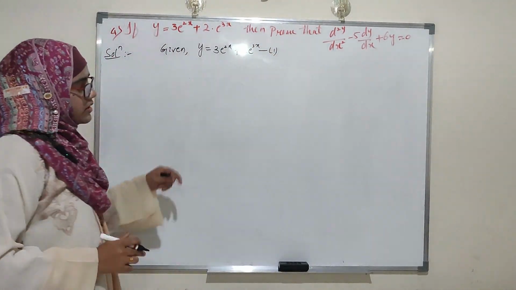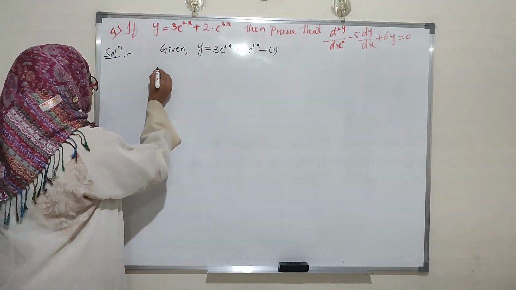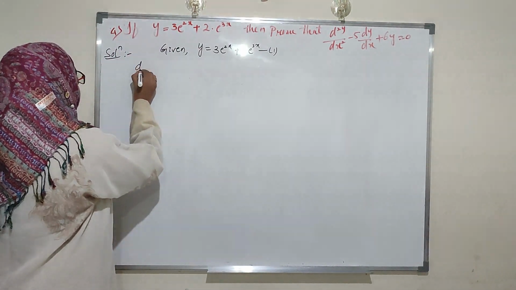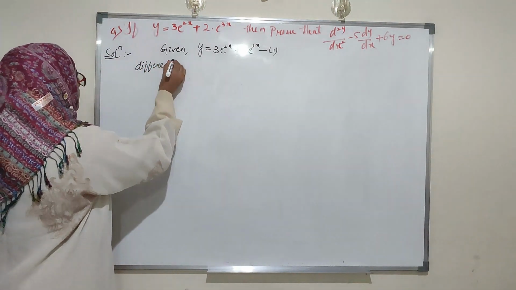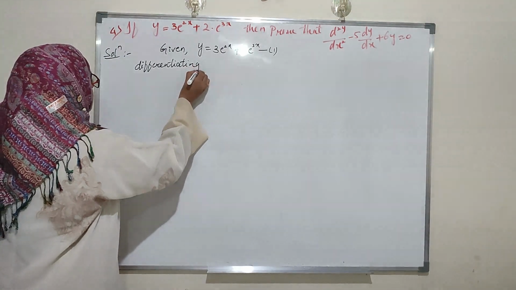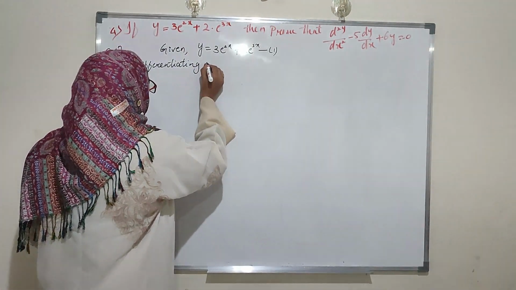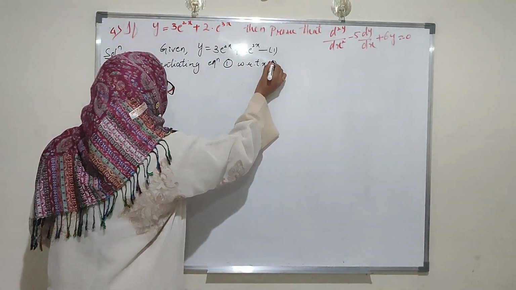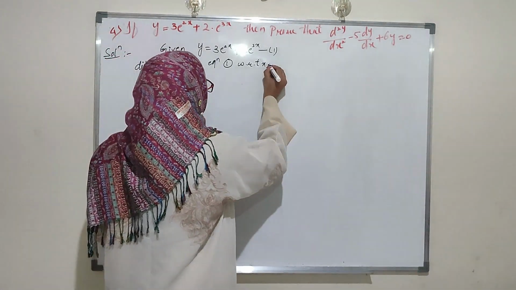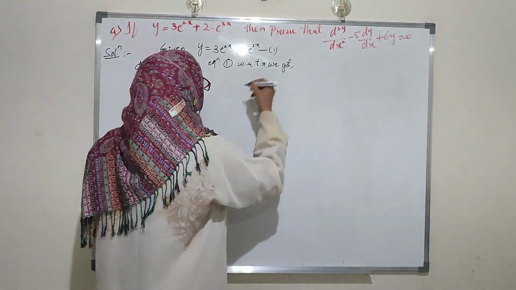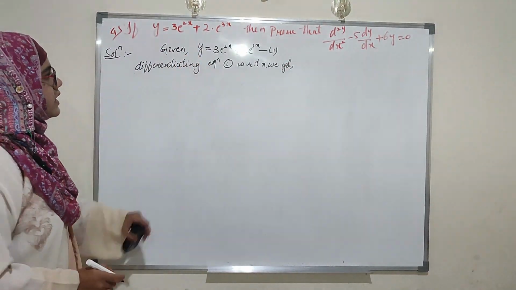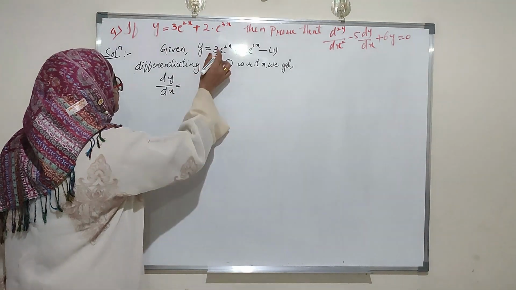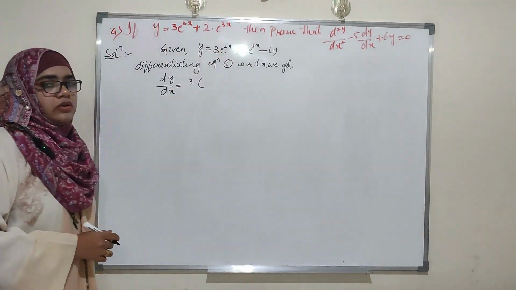Now differentiating y, equation 1, with respect to x, we get dy by dx is equal to 3 into the differentiation of e raised to the power 2x.